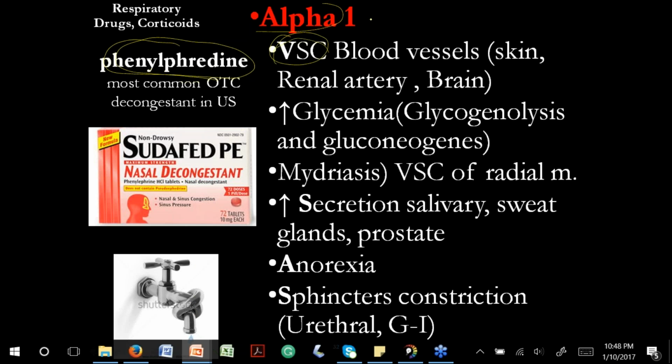Please, nursing consideration, NCLEX: alpha-1 produces vasoconstriction, but it can go into the systemic circulation if you exceed the medication. Systemic vasoconstriction means you're going to increase the peripheral resistance, and that is going to increase your blood pressure. So hypertension is a contraindication. All right, so let's keep going.